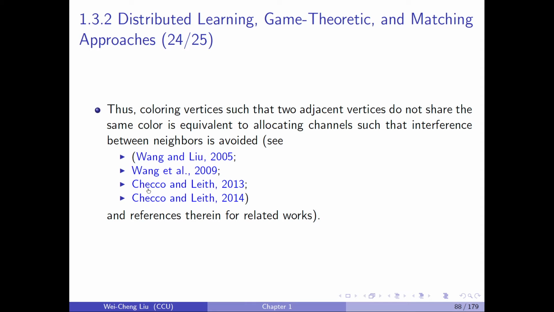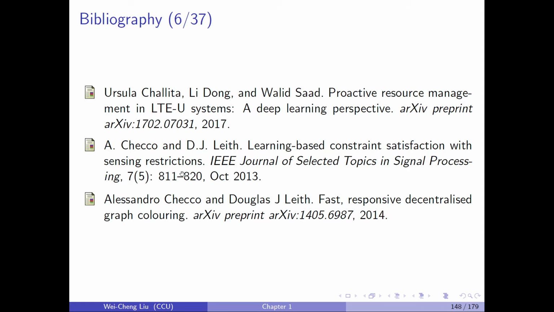And the third related work is Checco and Leith in 2013. Learning-Based Constraint Satisfaction with Sensing Restrictions, which is published in IEEE Journal of Selected Topics in Signal Processing in 2013.